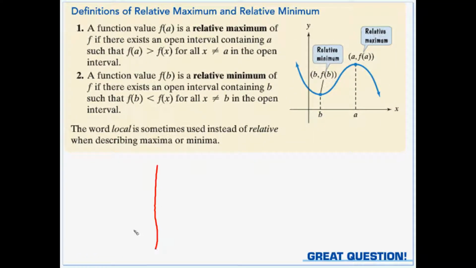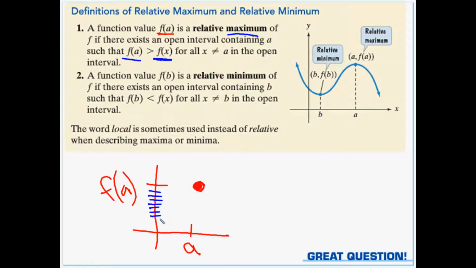So again, we're looking at a max. So here's our x and y axis. We have some output f of a. Here's a. Here would be its output f of a. And I'm going to just put that dot right here. There we go. And then it says that is a max if f of a is greater than all other f of x's. Well, here's f of a, so that means all the f of x's around it have to be down here.